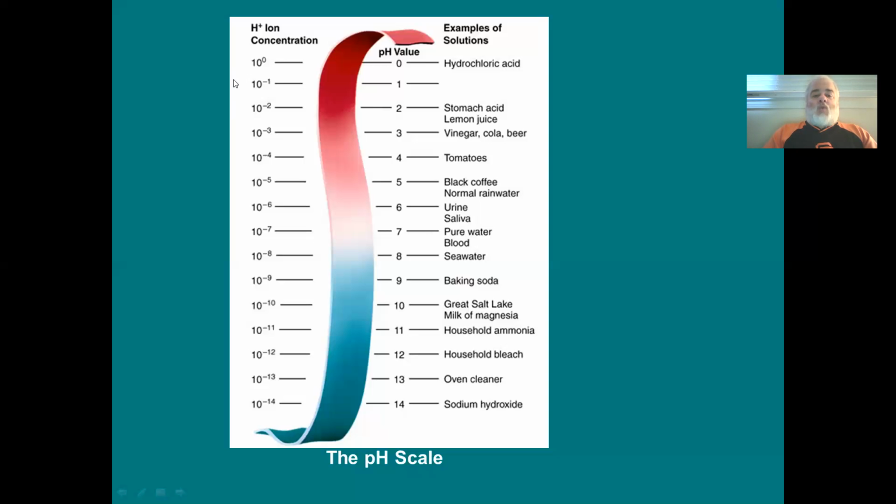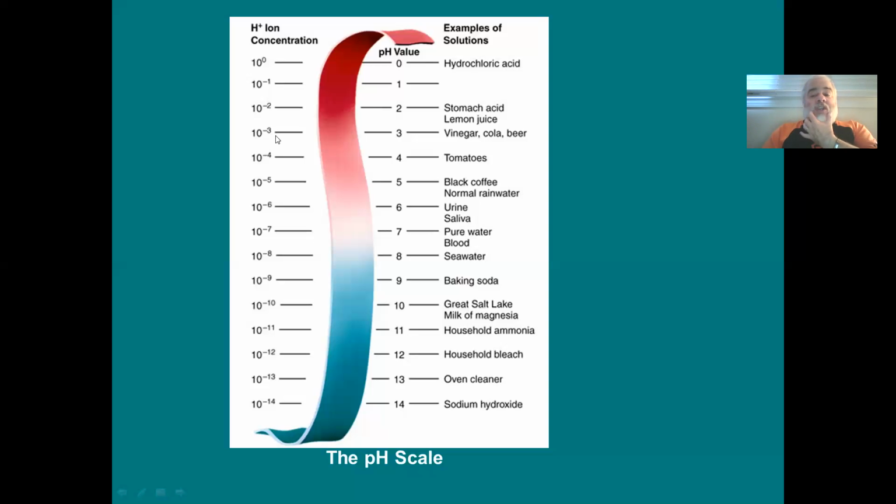So pH 1 is 10 to the negative 1, or 1/10. 10 to the negative 2 is 1/100th. 10 to the negative 3 is 1/1000th. So the concentration of acid in a typical cola is roughly 1,000 times less concentrated, or 1/1000th as concentrated as pure hydrochloric acid.